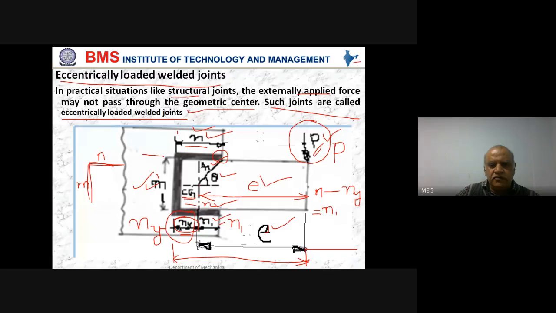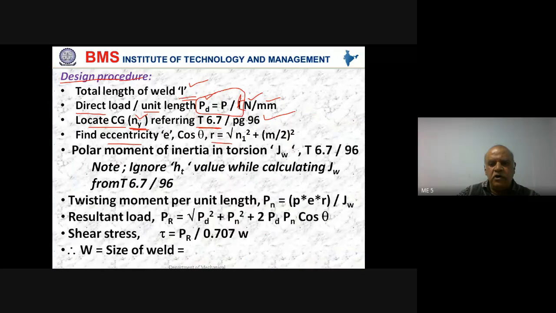From the Pythagoras theorem, R is equal to the square root of N1 square plus M by 2 square, because this distance is M by 2. That will give you the value of R. Are you there with me?